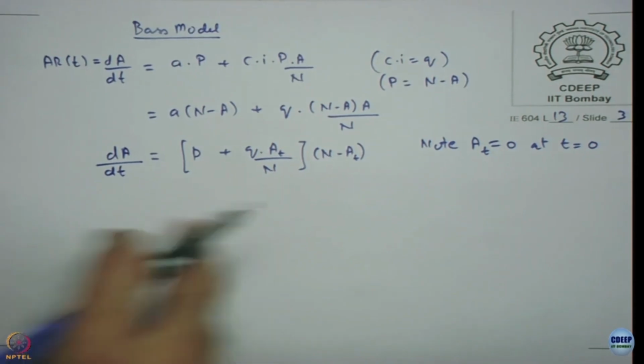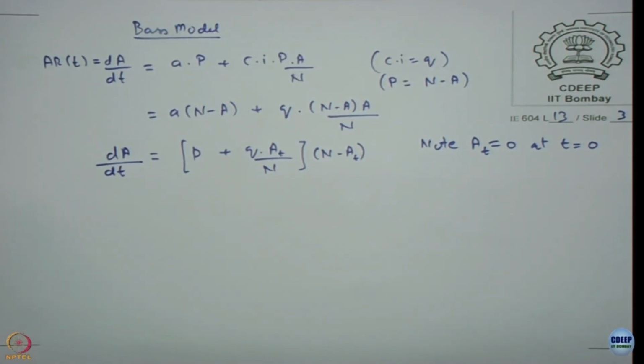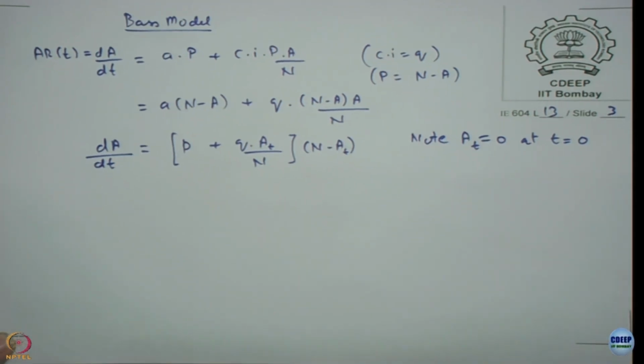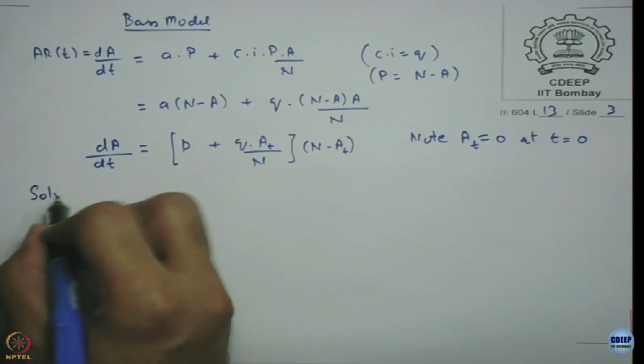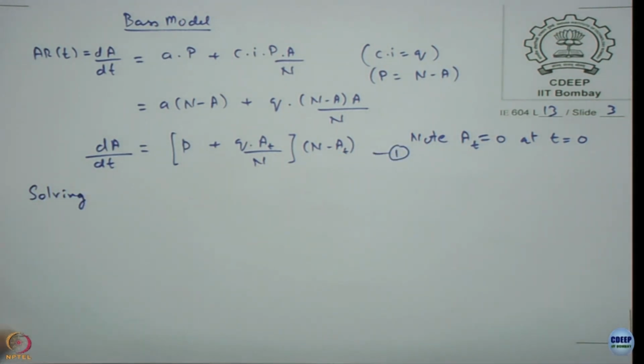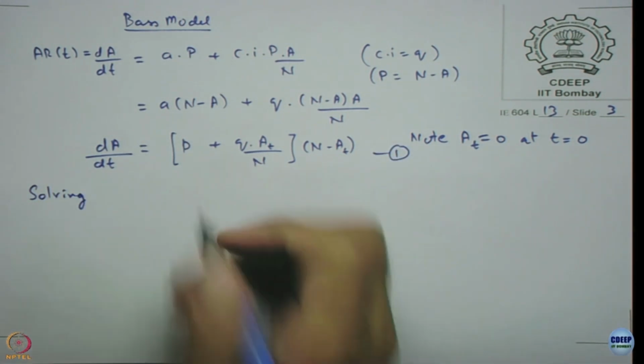We started off with a similar dA by dt equation in the previous case, and then we had a lengthy derivation. I will take the liberty to skip that part and directly jump to solving it. Sorry, it should be small p.